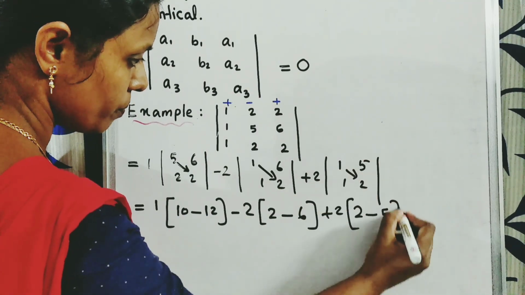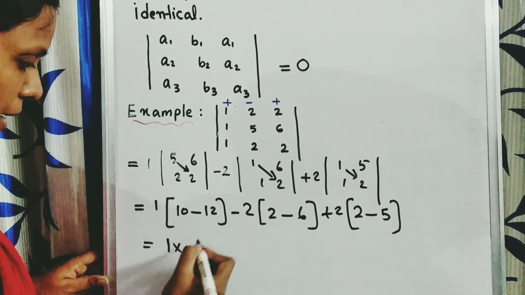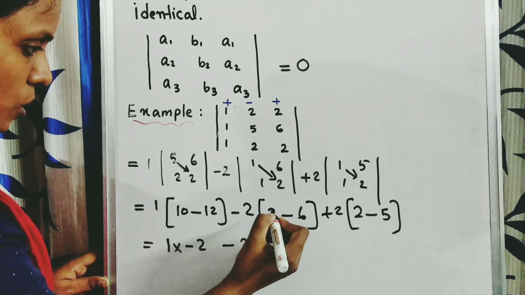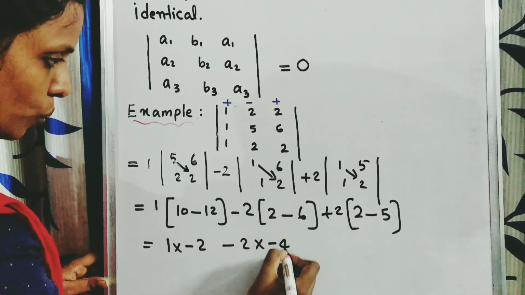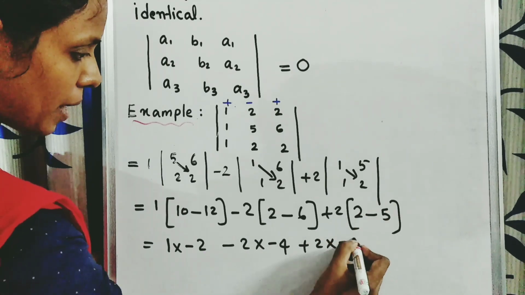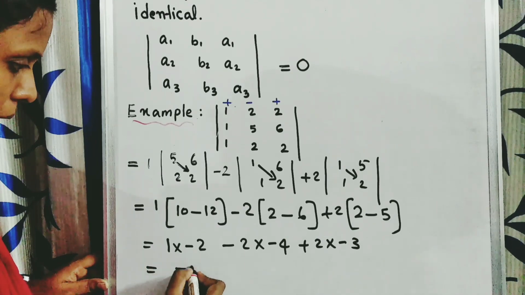That is equal to 1 into 10 minus 12 is minus 2. Minus 2 into 2 minus 6 is minus 4. Plus 2 into 2 minus 5 is minus 3. That is 1 into minus 2, minus 2.